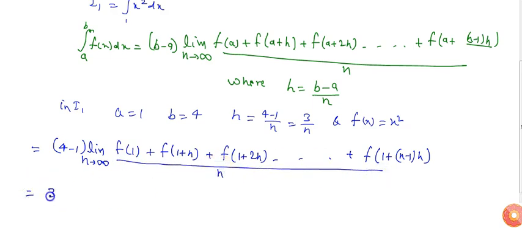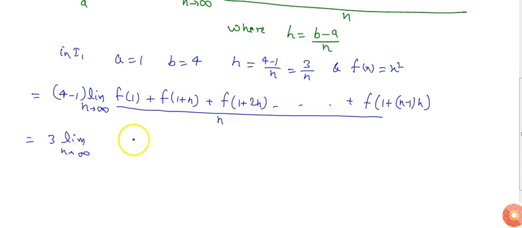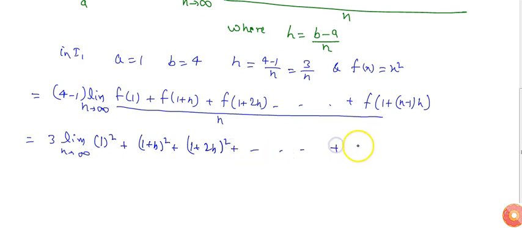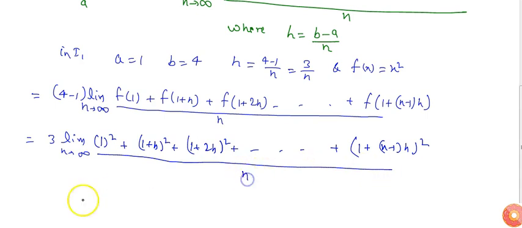So it will be 3 limit n tends to infinity of [1 square plus (1 plus h) square plus (1 plus 2h) square and up to (1 plus (n minus 1)h) square] divided by n.